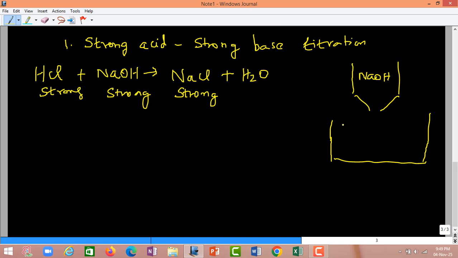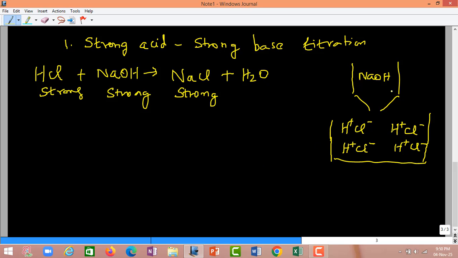The solution in the beaker contains hydrochloric acid, which is completely dissociated, and so we show it as H plus and Cl minus in our discussion. We will not find just 4 molecules of H plus Cl minus. Instead, we will find crores and crores of HCl molecules.